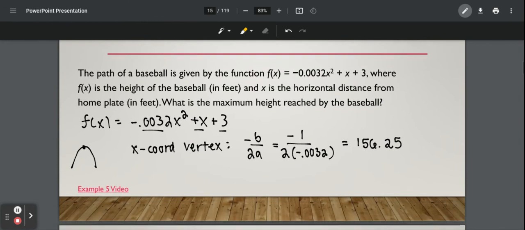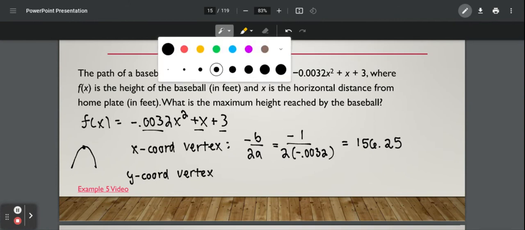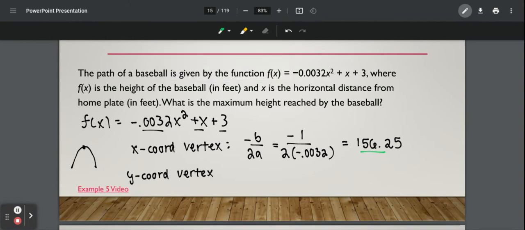And so then to find the y coordinate of your vertex, what you do is you plug that x value that you just solved for back into your equation. So you're just finding f of that value.